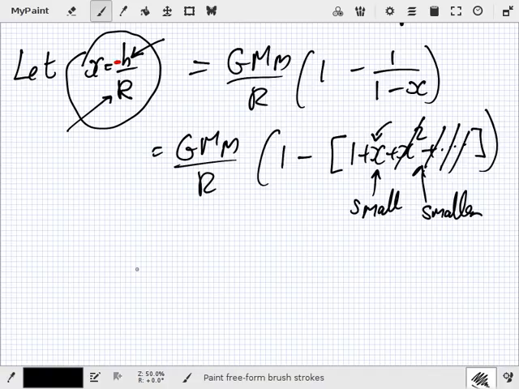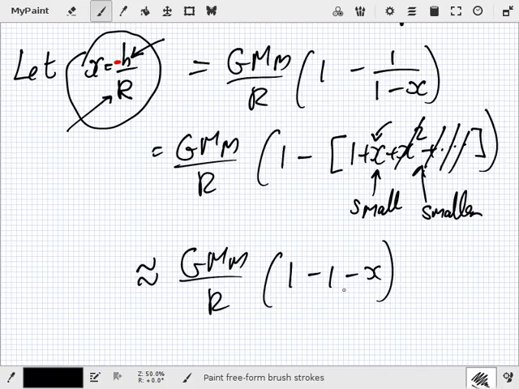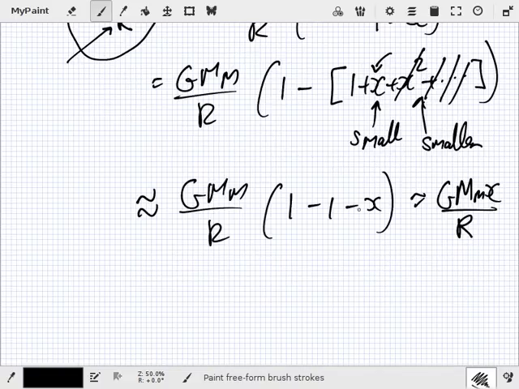So we can say this is roughly GMm over R times (1 minus (1 plus x)), which is roughly minus GMm x over R, with a minus in front here. Now, what did I say minus x equals?